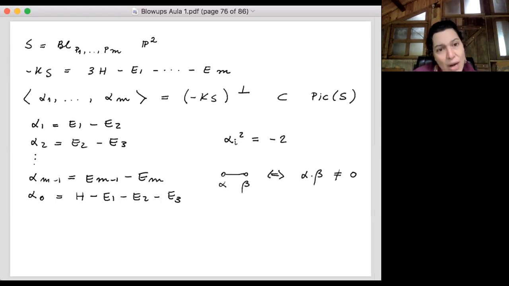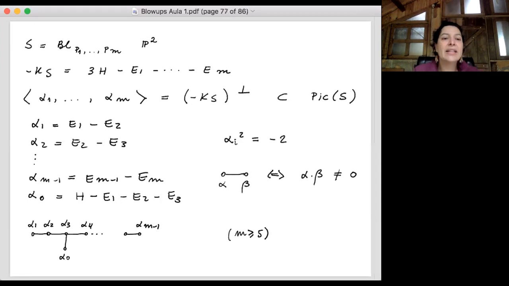And I will construct a Dynkin diagram associated to this root system by connecting two nodes if and only if the intersection number of alpha and beta is non-zero. So in this case, we get this here.